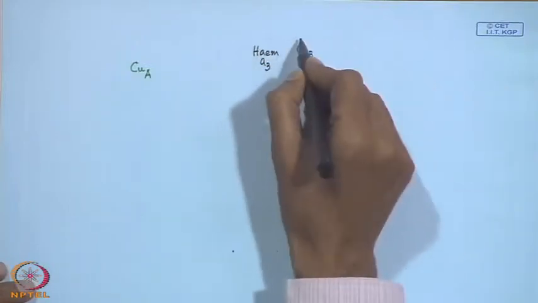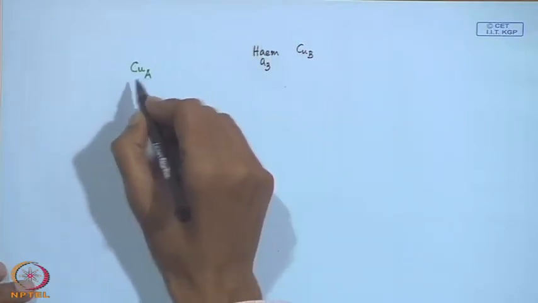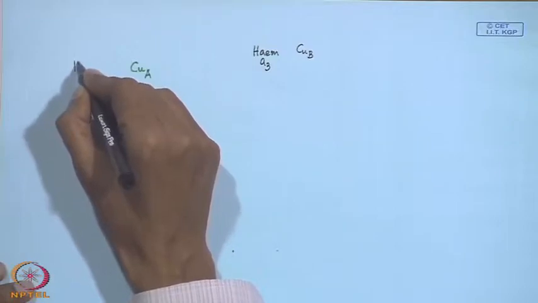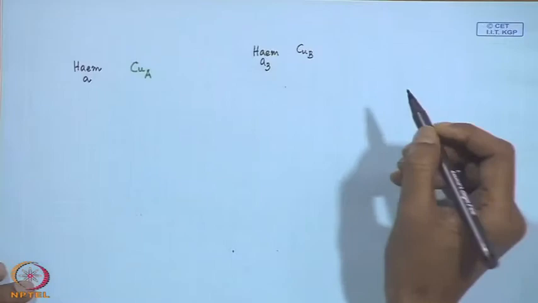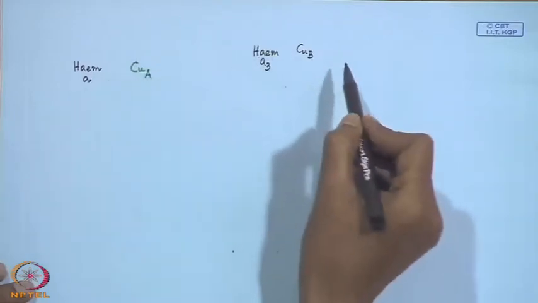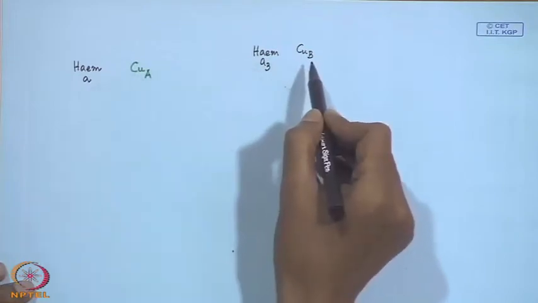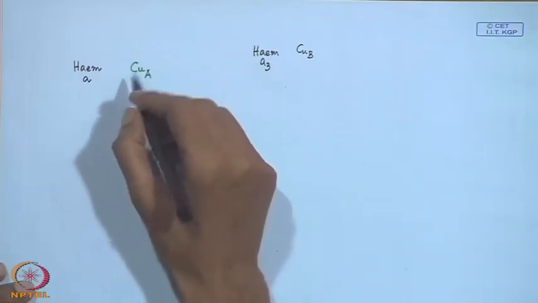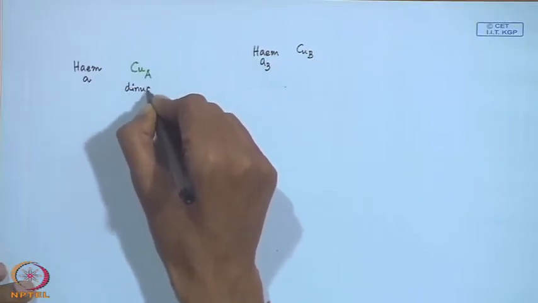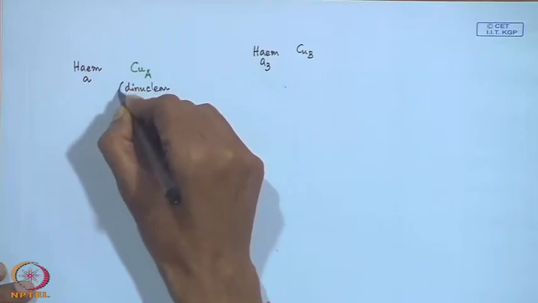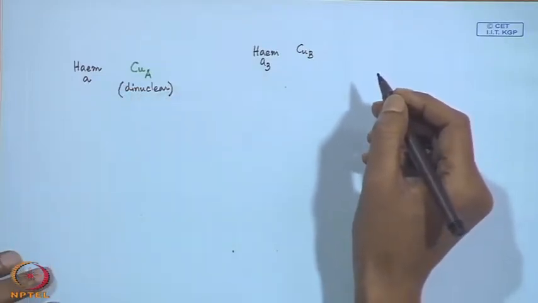That means the distance between the copper center and the iron center can be determined. Similarly, this copper A site is close to our heme A site. So, you have 1, 2, 3, 4 sites in your hand. 2 of them are with iron and 2 of them are with copper, and this copper A site is dinuclear, making the system much more complex, not a mononuclear system.